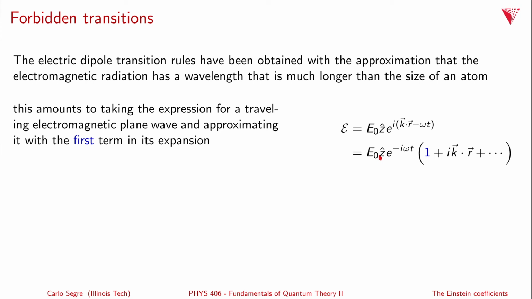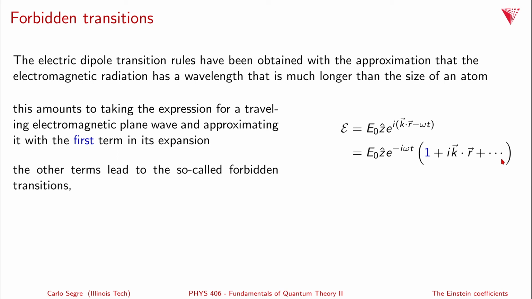The expansion for the exponential in k dot r, you can pull out the e to the minus i omega t, is 1 plus i k dot r, and then the second term is this term squared, and the third term is cubed, and so on. But if we take the first term, that's the perturbation that we calculate all our matrix elements on.